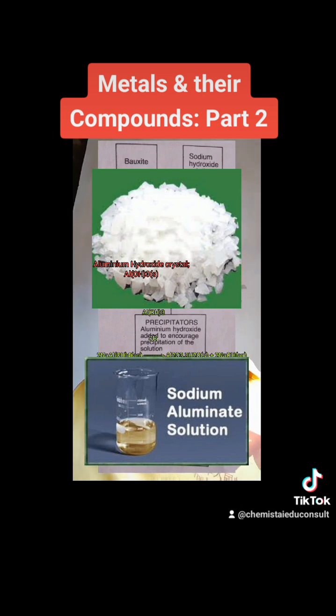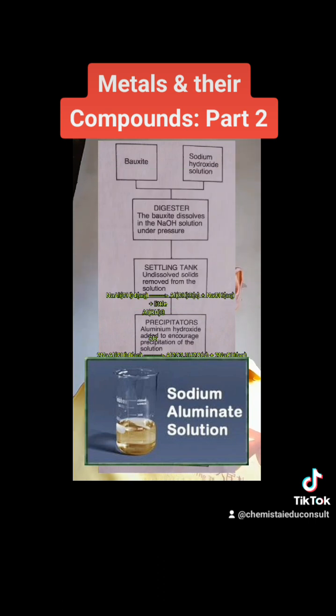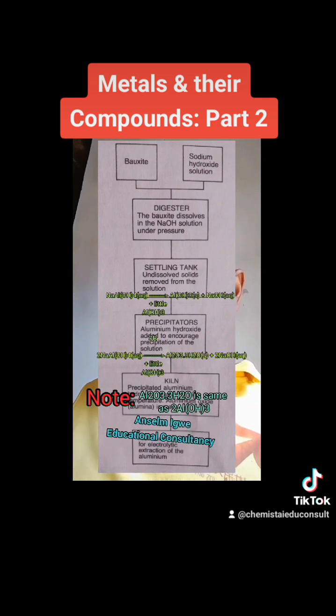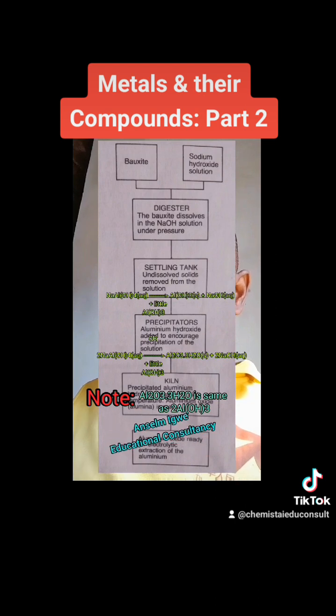The equation is displayed here. So just add a little part of aluminium hydroxide into sodium aluminate, and it will induce precipitation of aluminium hydroxide from the sodium aluminate. So that is what happens in the precipitator.